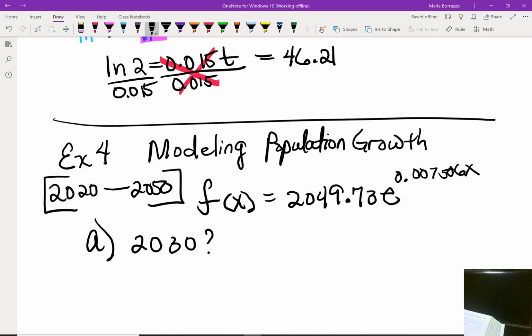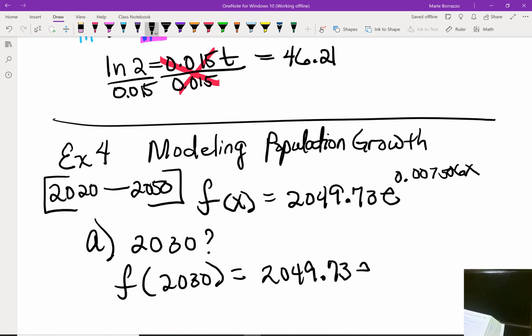Since they're asking us for 2030, we would say f of 2030 is equal to 2049.73 e to the 0.007506, and we're looking for x to be 2030 in this case.